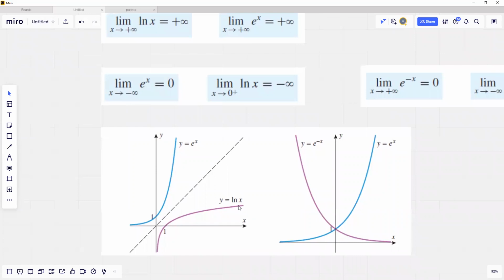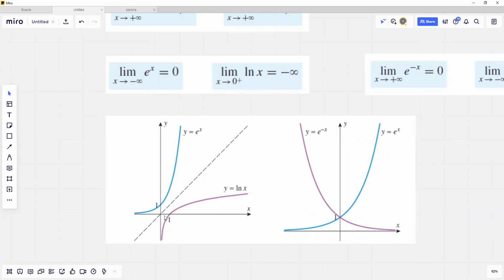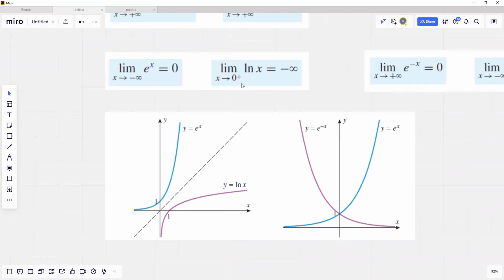Now let's take a look at ln of x. As x goes to plus infinity, ln of x also increases without bound. So this limit here is equal to plus infinity. And as we can see here, ln of x has a vertical asymptote at x is equal to 0. So limit as x goes to 0 plus of ln of x is equal to minus infinity. The values of ln of x decrease without bound.